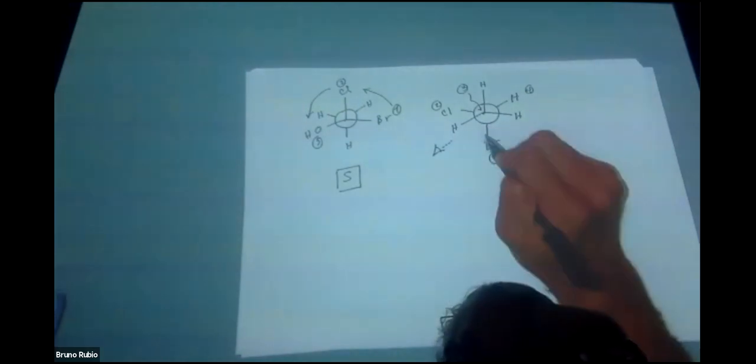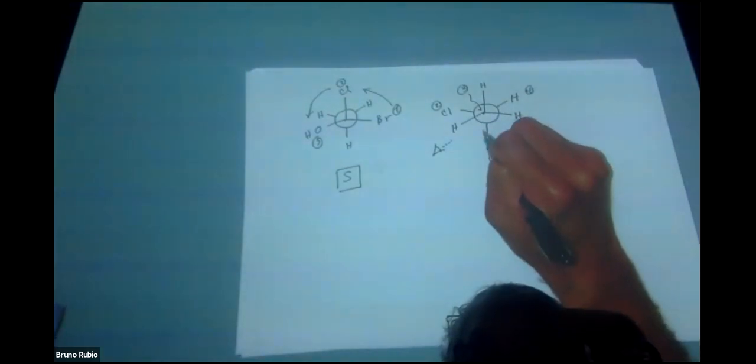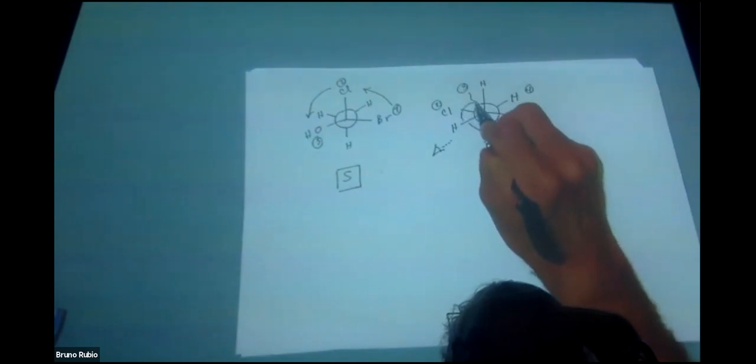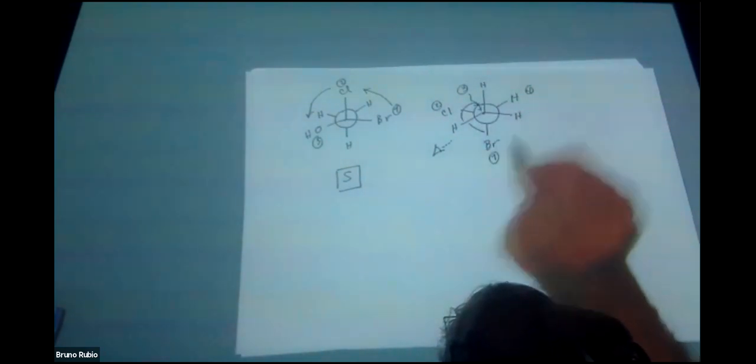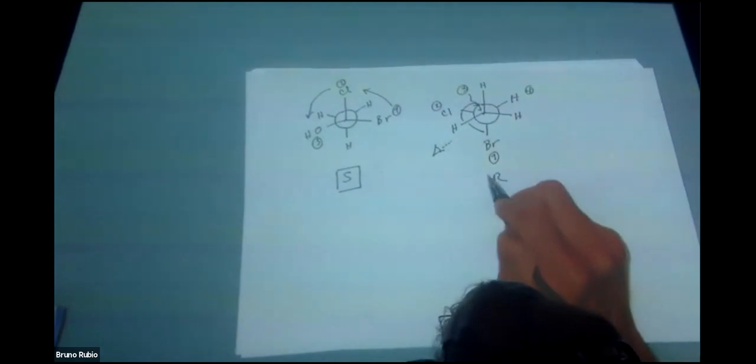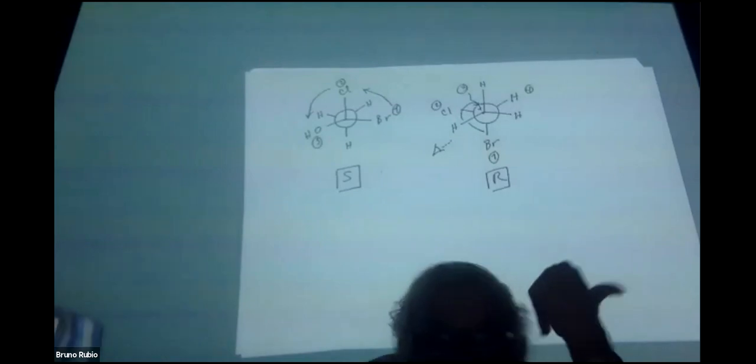And so what I see is bromine is down here, and then I'm moving up to 2, and then I'm moving to the carbon in the front. So I'm getting an R absolute configuration there as well.